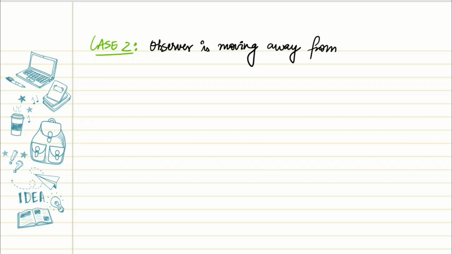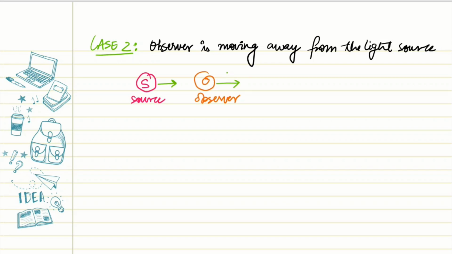Let's see case 2, where the observer is moving away from the light source. So if this is a light source and this is the observer here, the observer is moving away from the light source.